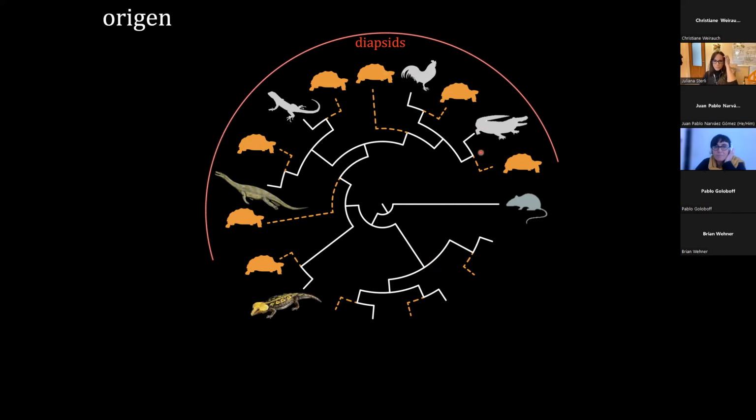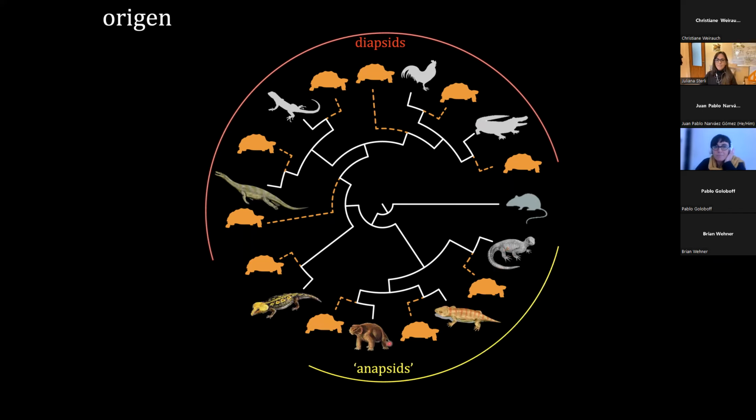Also, turtles have been related with captorhinids, that formed a sister group of Diapsida, and also turtles were related with some anapsids or parareptiles like pareiasaurs, procolophonids, and eunotosaurs.